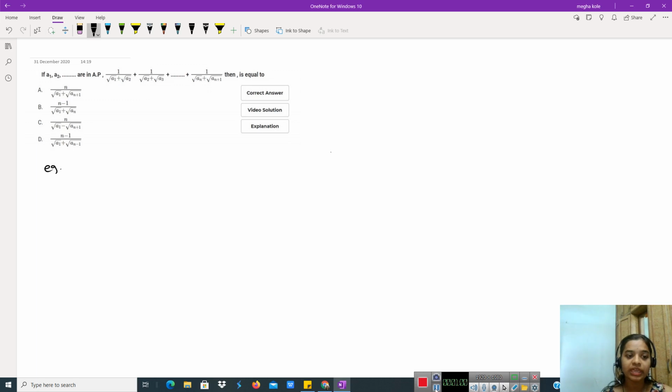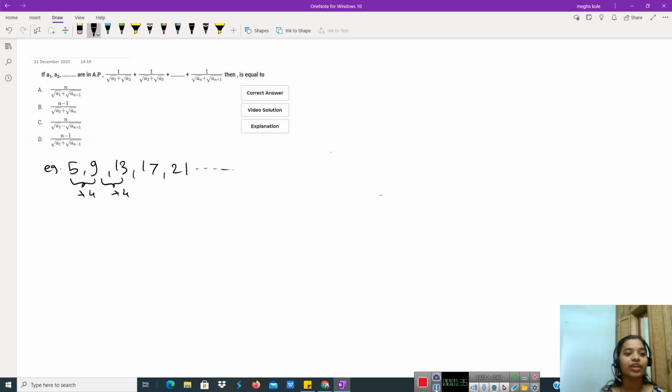For example, if it is 5, 9, 13, 17, 21, and so on. This is in arithmetic progression. The difference between these two is plus 4, and the difference between these is plus 4. So in the continuous sequence, the difference between any two successive numbers is constant, that is plus 4 here.